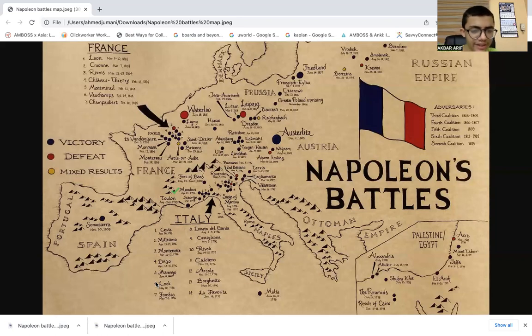The next plan is that through some other battles like the Battle of Castiglione and the Battle of Lonato, he gets more land. The Austrians are going more and more towards peace, because Napoleon is destroying their army.